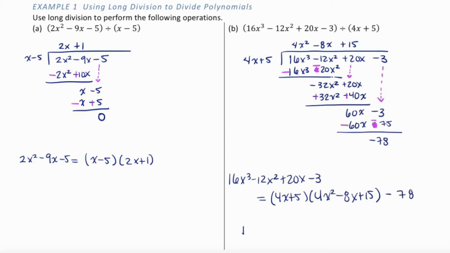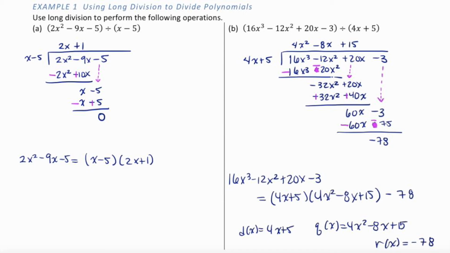In this case, our d of x equals 4x plus 5. Our q of x equals 4x squared minus 8x plus 15. And our r of x equals negative 78. And these coincide to the definition of the division algorithm towards the top middle of this page.